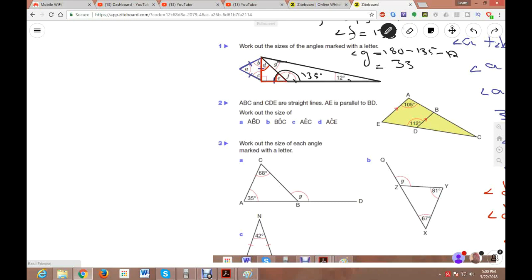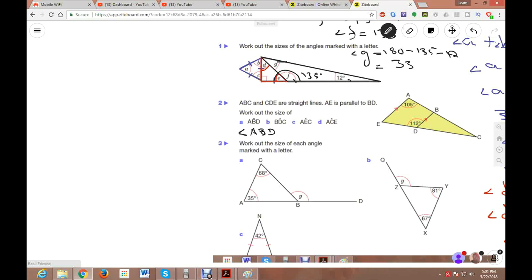This cap that is present on the B represents that this is actually angle ABD. Another way of representing angles, you just put a cap in it. But this is angle ABD that they are asking us to sort out. So where is your ABD? ABD is this angle.